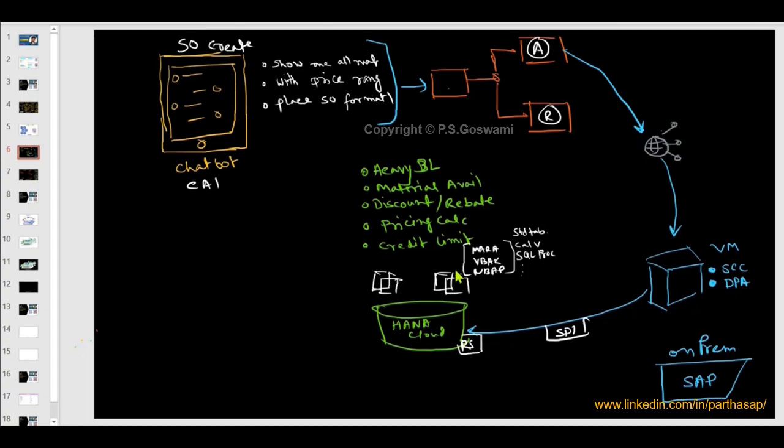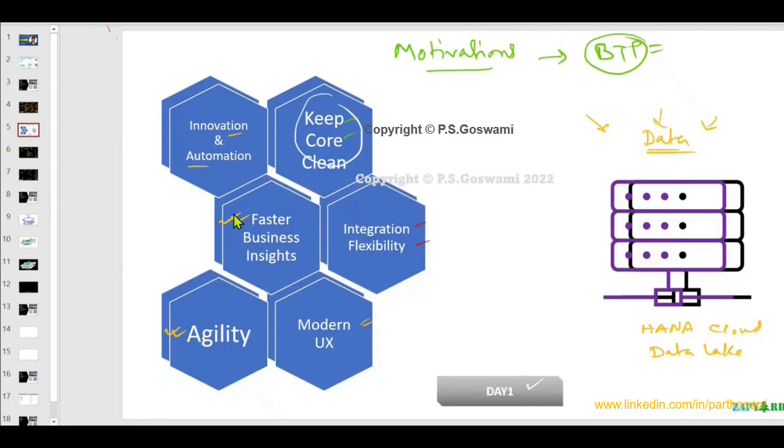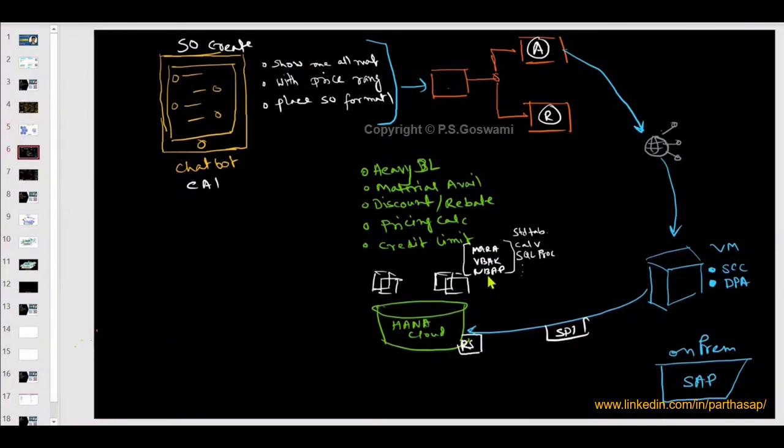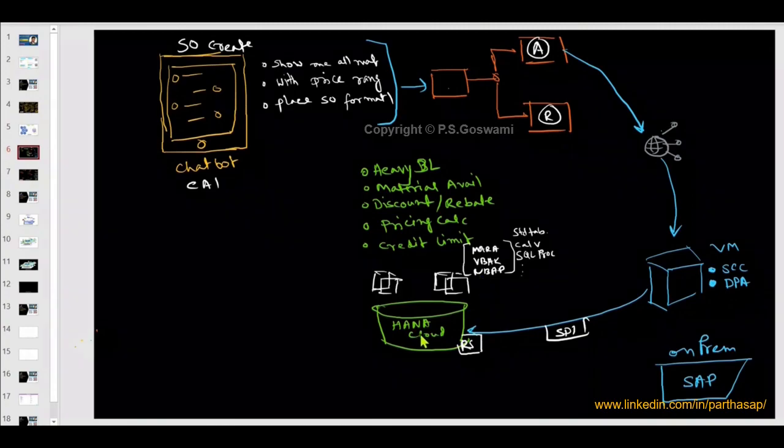But because we wanted to keep our core system clean, as part of this motivation we wanted to bring the data from our on-prem system, and on top of that build our business logics here itself in our BTP layer.